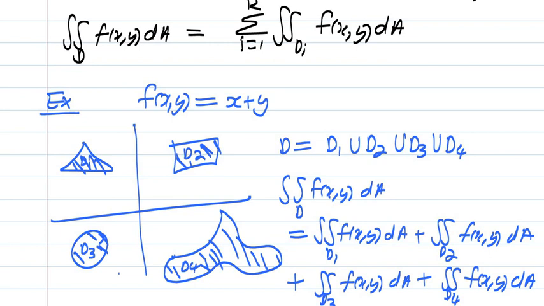And more than that, not only is f integrable over region D, but we can say the value of the double integral of f over region D is the double integral of f over D1 plus the double integral of f over D2 plus the double integral of f over D3 plus the double integral of f over D4. So here I have that k is equal to 4. So my region D could be subdivided into 4 disjoint regions D1, D2, D3, D4. So I hope this example makes sense.